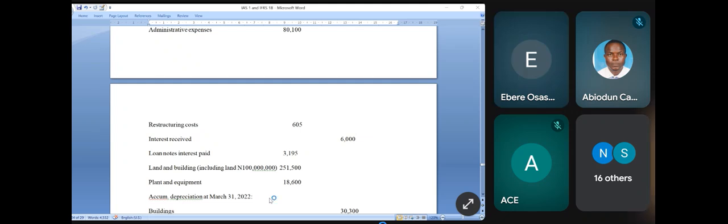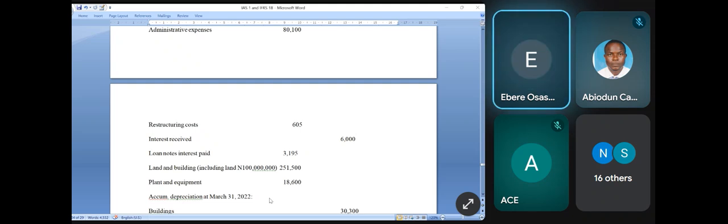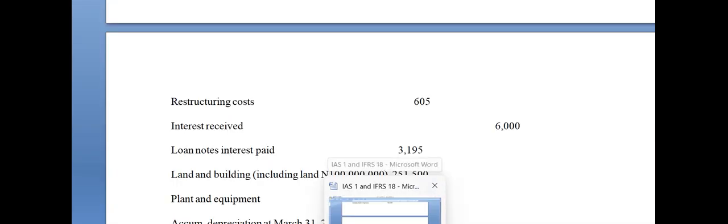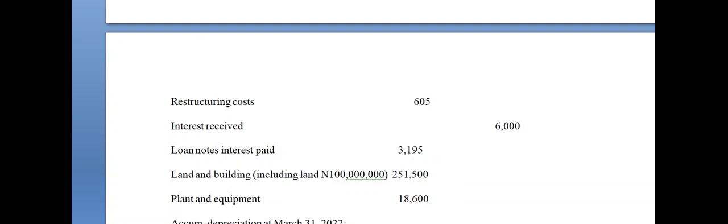Okay. So what I'm trying to explain is this. I picked it directly, that's the value for the finance cost for the year. But what you can as well do is this. They say the interest paid during the year is 3,195.